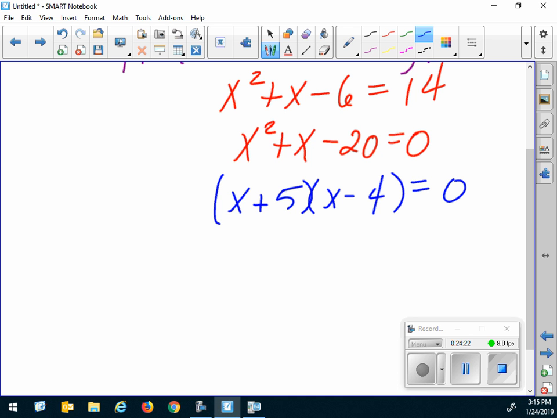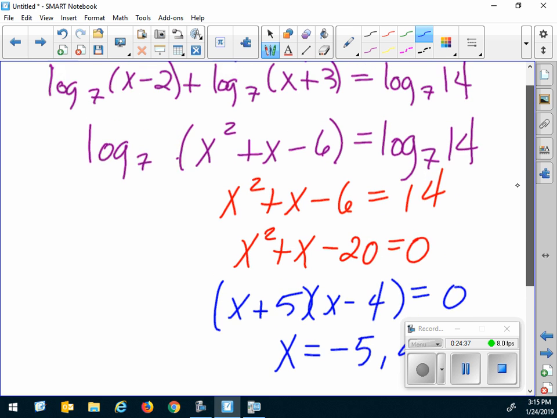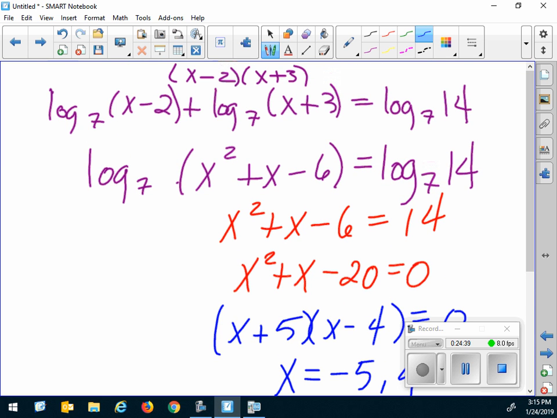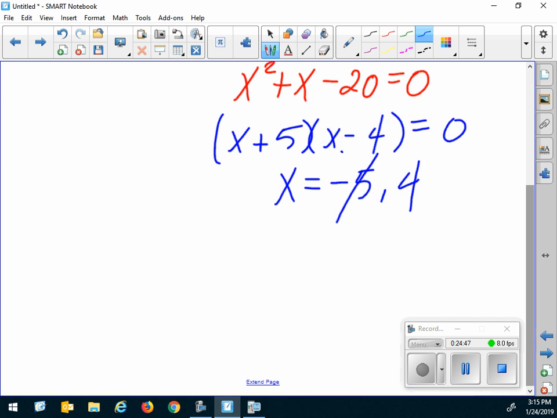That's 5 minus 4 is 1. Now it's negative 5. It has to be 4 because negative 5 doesn't work, because that would be a negative. Always gotta double check.